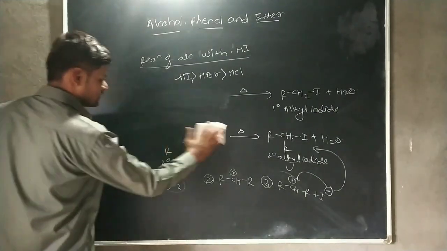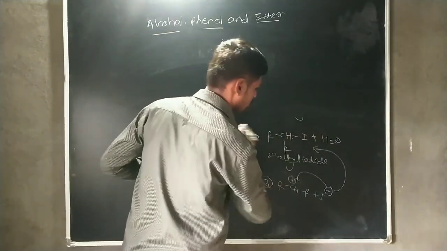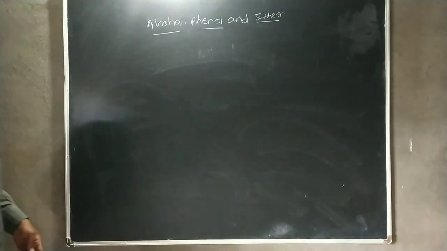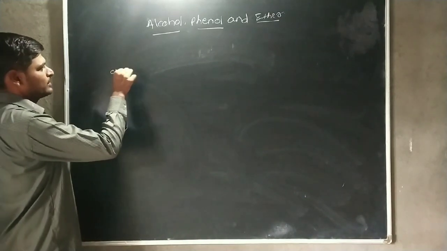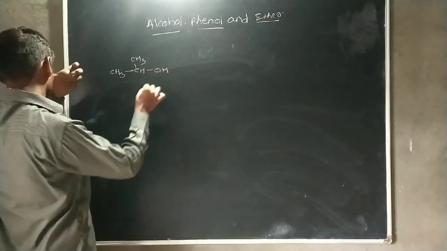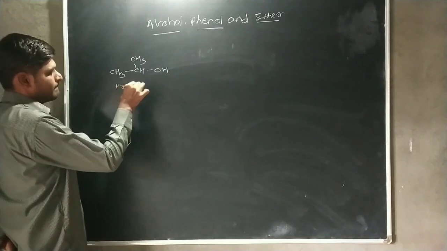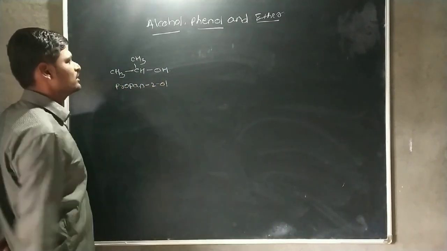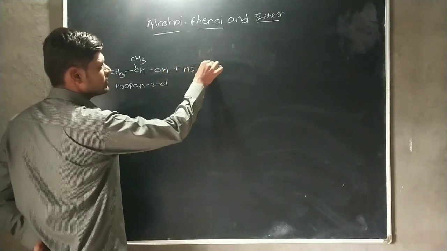Now we consider some examples of alcohols which are reacted or heated with HI. Okay, now we consider here CH3CH(OH)CH3, that is propan-2-ol. This propan-2-ol is heated with HI.